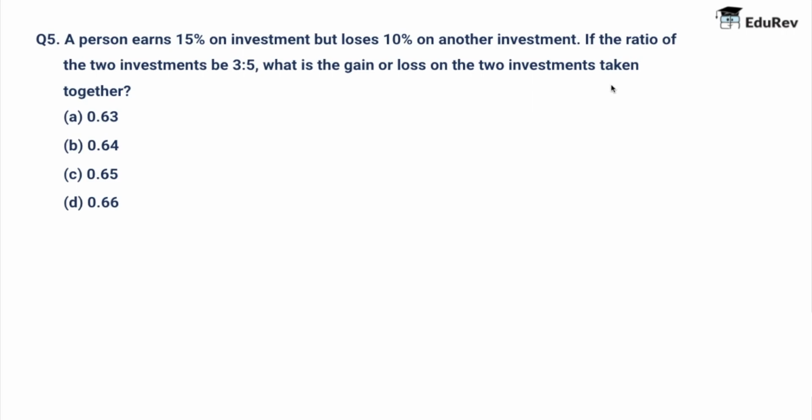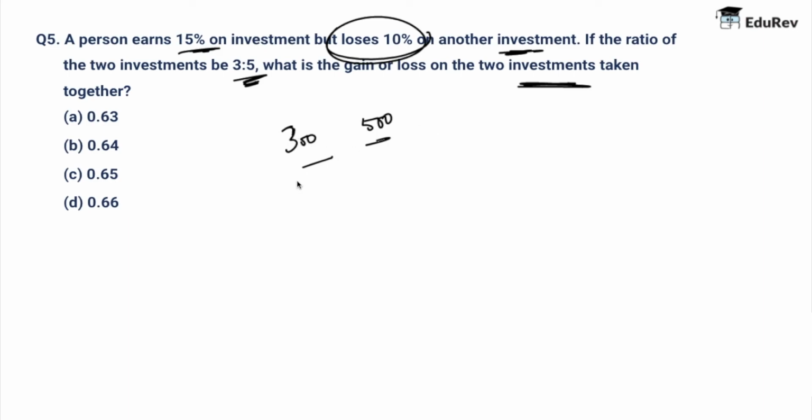So what does the last question state? The last question says that a person earns 15% of investment but loses 10% on another investment. If the ratio of the two investments is 3:5, what is the gain or loss on the two investments taken together? Now suppose he invests 300 and 500 respectively.